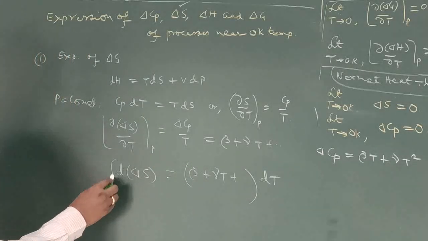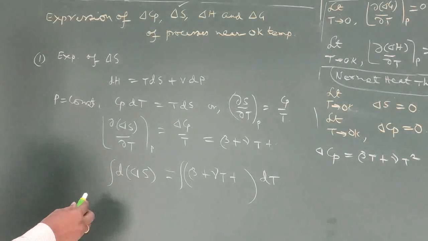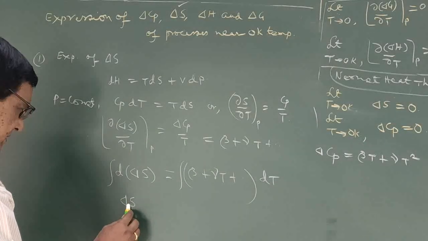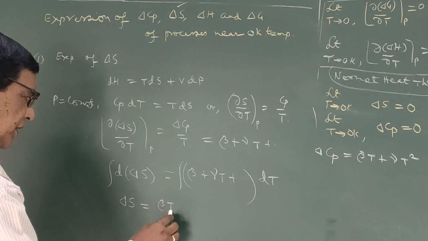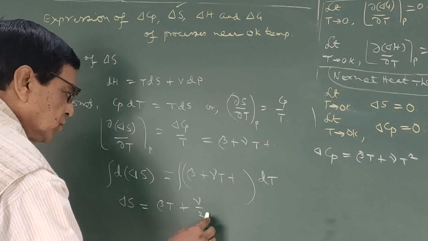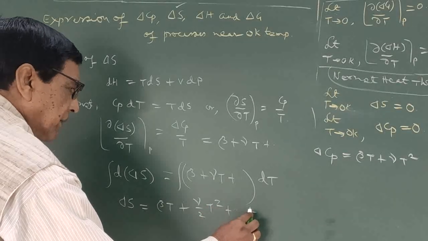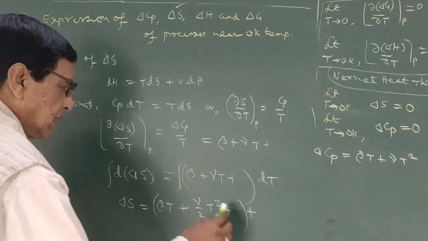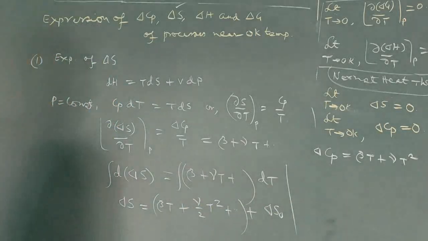If we integrate these relations, then delta S equal to beta T plus gamma by 2 T square plus dot, plus some integration constant, delta S0.